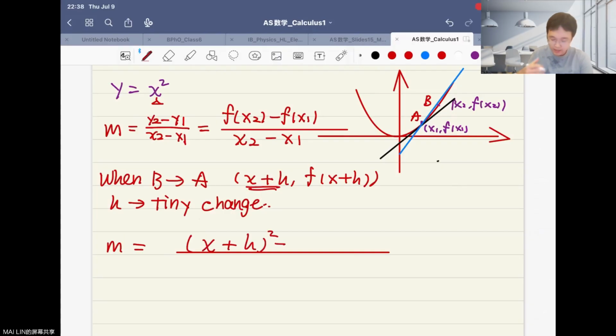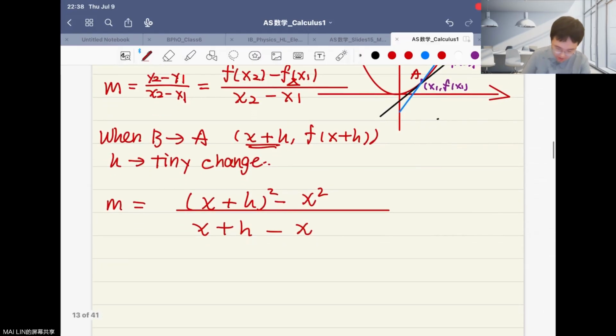Then we minus f(x1), that is x squared, so x plus h squared minus x squared. Then divide by x2 minus x1, where x2 is x plus h and x1 is x, so x plus h minus x. The denominator is h, and the numerator is x squared plus 2hx plus h squared.